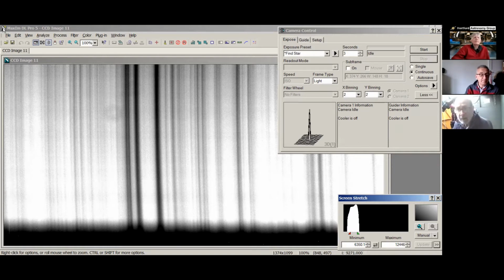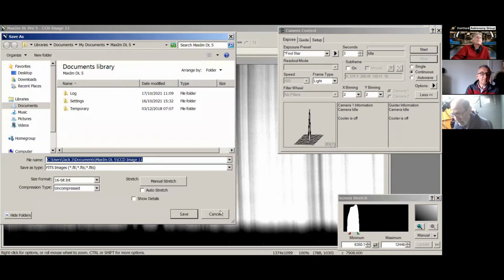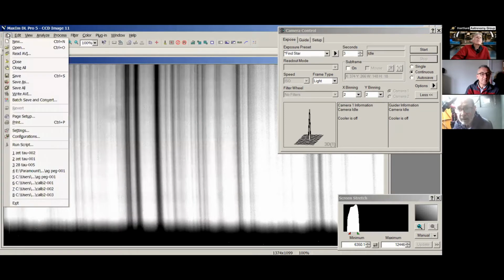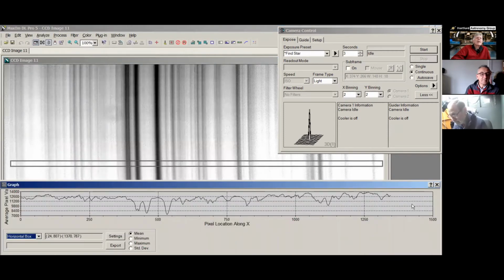Okay, so we're gonna move on now, and we're gonna go and have a look at the hydrogen alpha line. Cancel that. Pressed the wrong button there. I'm sorry. View graph window again. So let's move on.